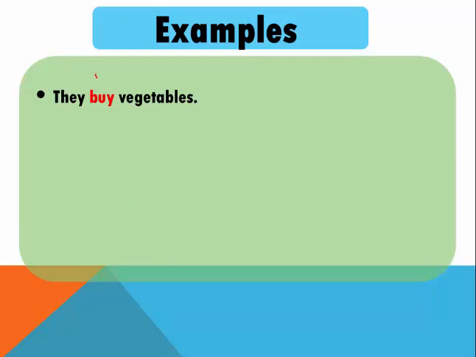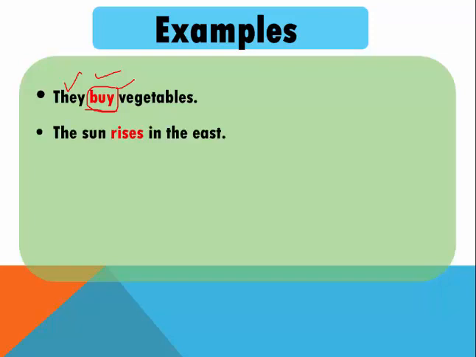So the type of action is a routine one, a regular one that happens. Now just watch the verb buy. Is it singular or plural? It's a plural. Okay, they buy. Because the subject is plural, that's why it's buy.